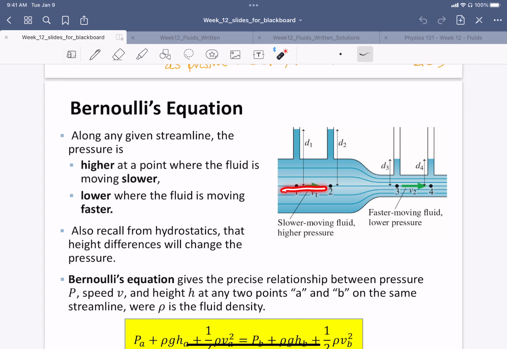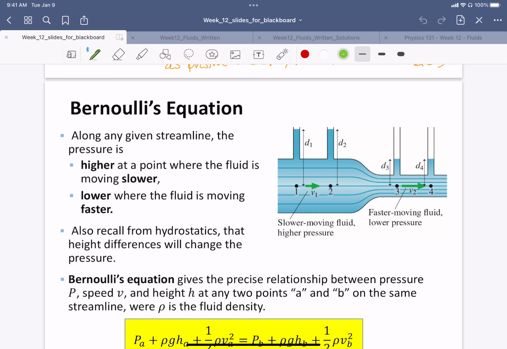Like in this area here, the areas that weren't clogged, the areas that were normal and healthy, the fluid is moving slower. So it's smaller velocity here and higher pressure, and then lower pressure here where the fluid is moving faster. So higher pressure, slower moving: high P, slower V, and then low P, faster V.